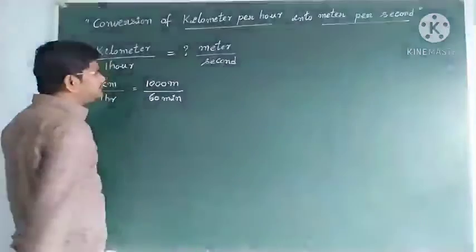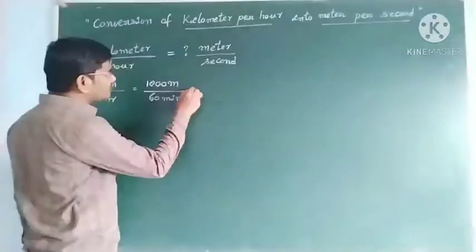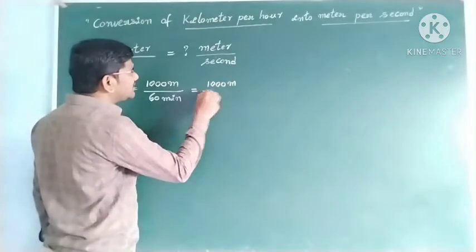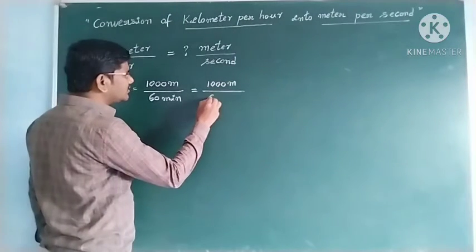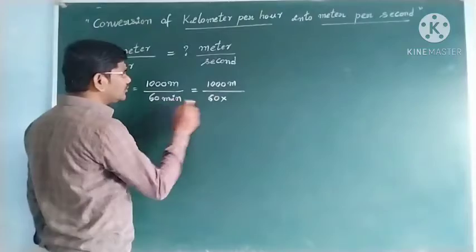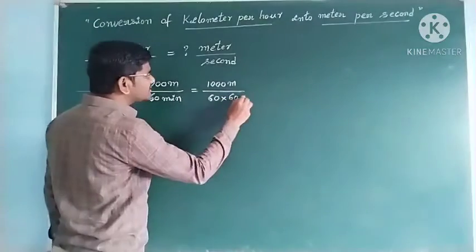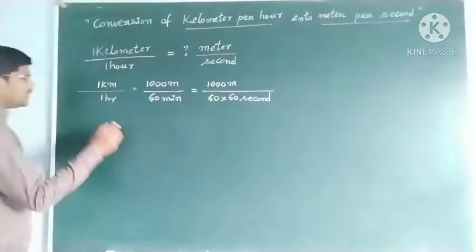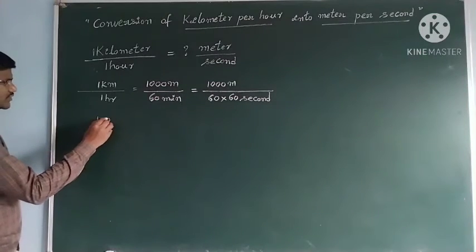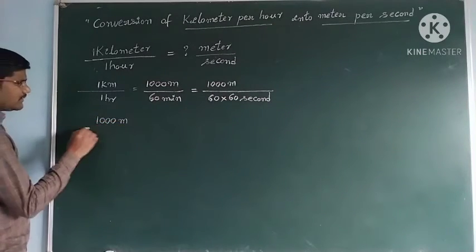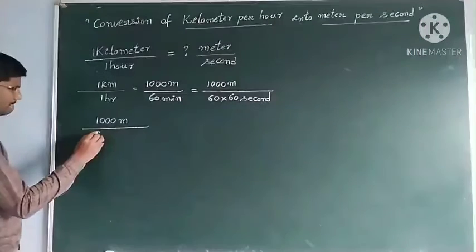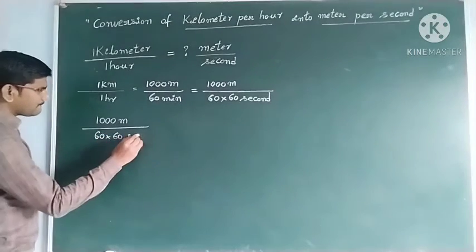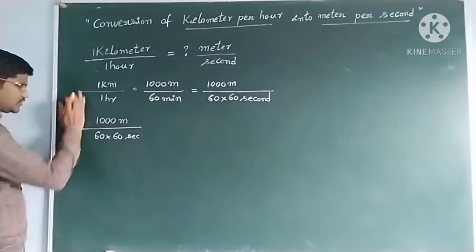Then 1000 meters by 60 minutes, write it 60 into 1 minute, again write it 60 seconds. So then what will you see, students? 1000 meters by 60 into 60 seconds. Okay, students.